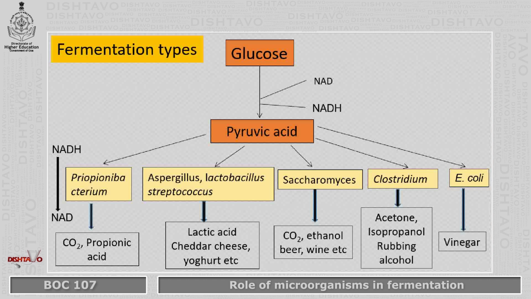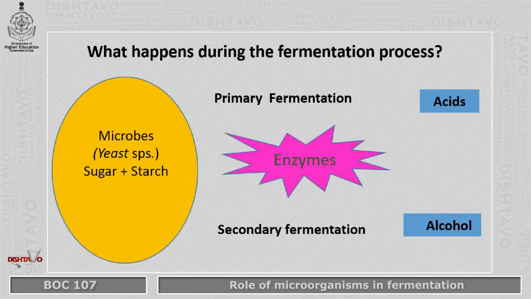This particular slide talks about the substrate and the intermediate compound that is formed in fermentation, that is pyruvic acid, and various microorganisms that play a major role in giving us the desired product. So what happens during the fermentation process?